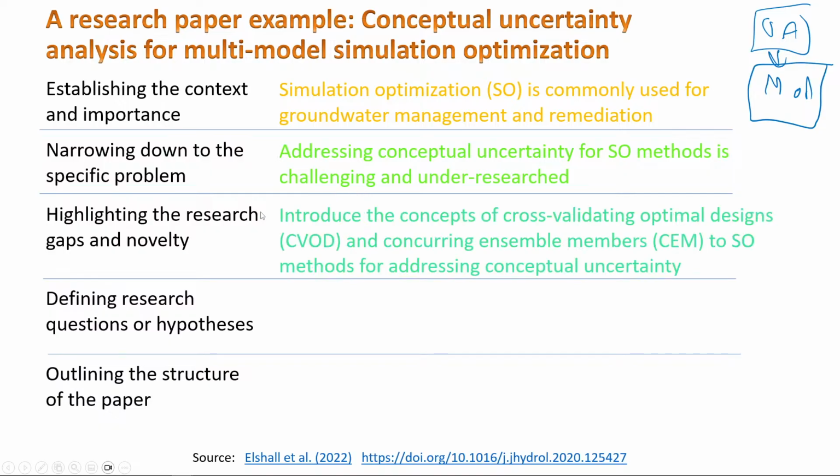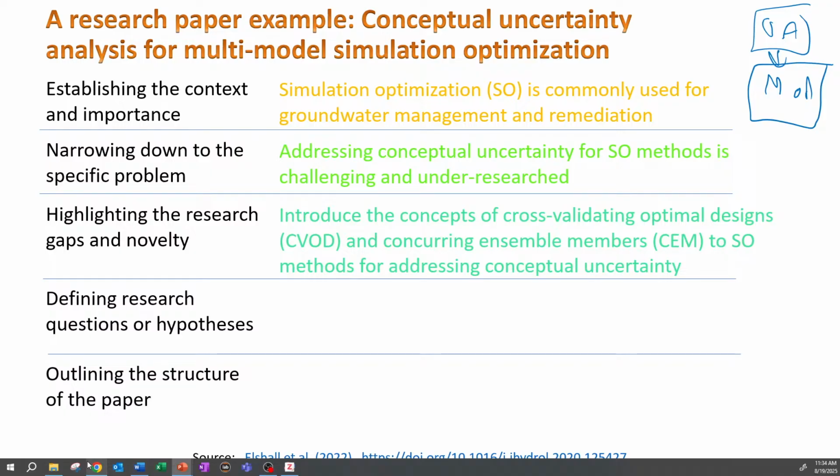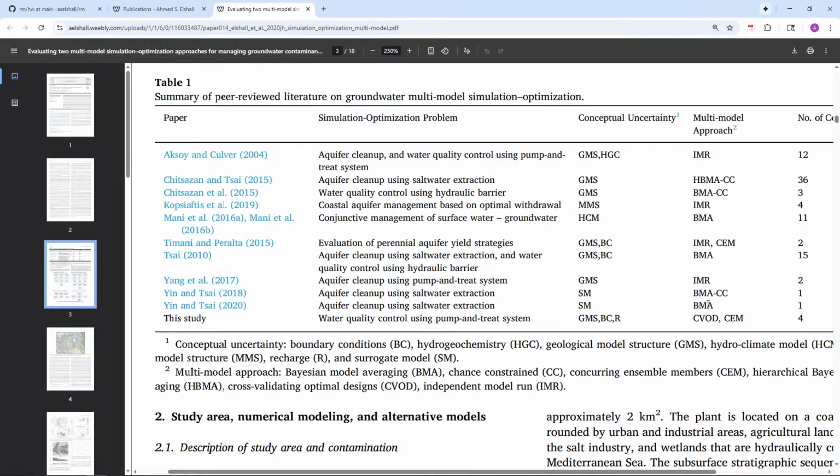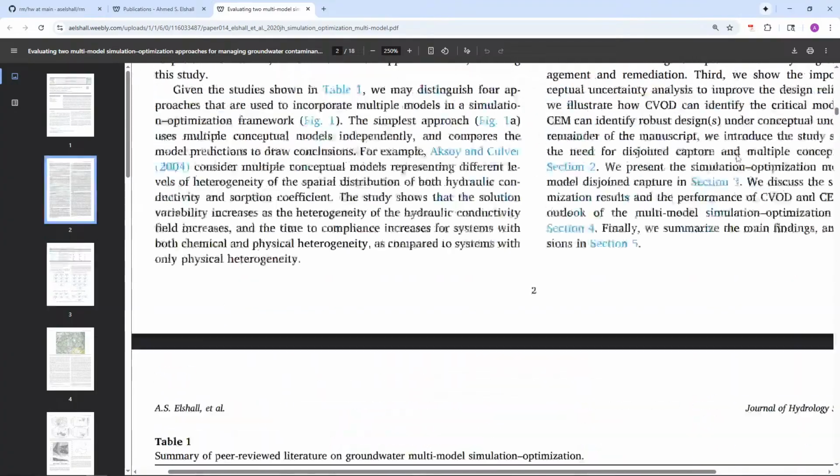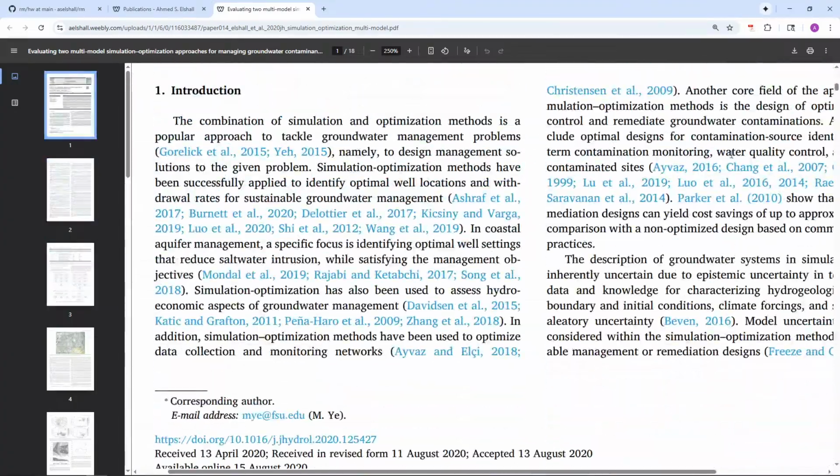That highlights the research gap and novelty. So how could I highlight the research gap and novelty? That's what I did here. If they have multiple models, how did they run the optimization? So I made a figure to show this.